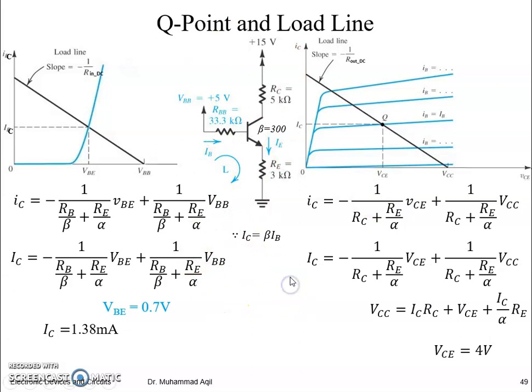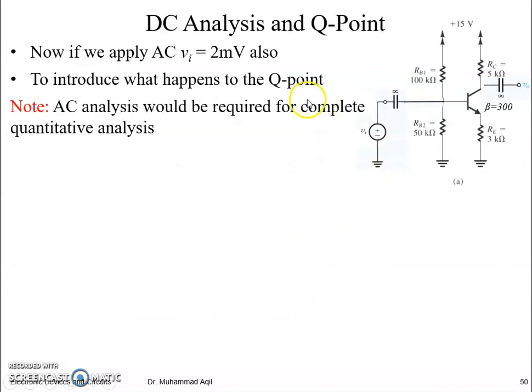Now let's see what happens if we insert an AC of 2 millivolt into this circuit in the presence of this DC supply. We will see what happens with this Q point and how many volts we will get out of this circuit by applying only a 2 millivolt AC signal.